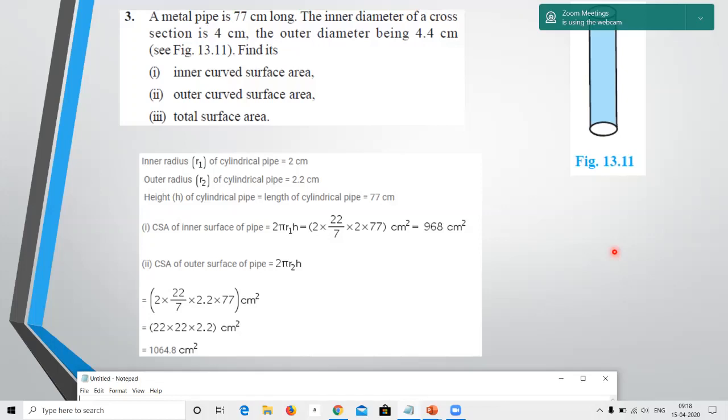Do it. Mute yourself, children. Ma'am, total surface area is 2 pi... Hold a minute. Please hold a minute. I have to explain that. If you've understood, wonderful, but please hold a minute.